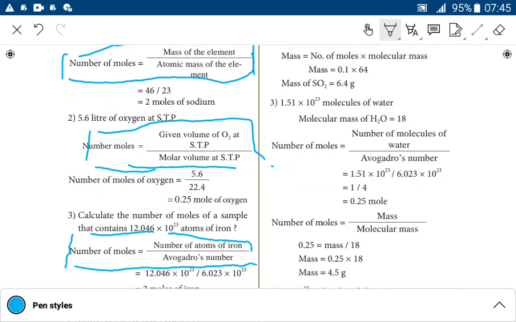So 3 different types of formulas are used to find the number of moles. When mass is given, mass by atomic mass can be used. When volume is given, volume by molar volume can be used. When number of atoms is given, number of atoms of the substance by Avogadro number can be used.